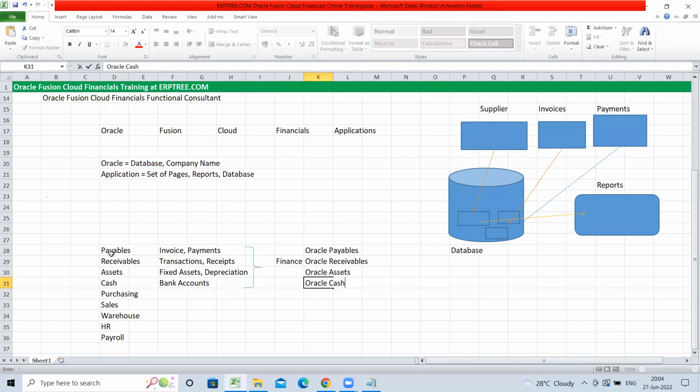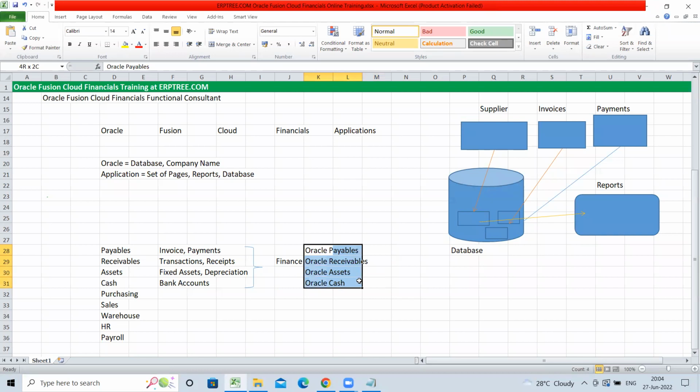So Oracle is providing one application for payables. That application name is Oracle Payables. For receivables department, Oracle Receivables application. For asset department, Oracle Assets application. For cash department, Oracle Cash application. So that's how Oracle is providing all these applications. These applications only we call as financials applications.